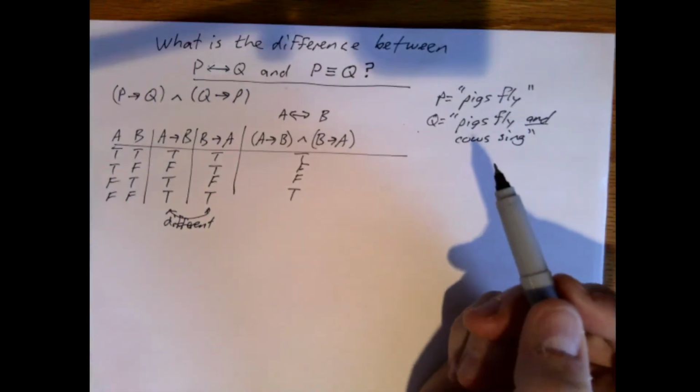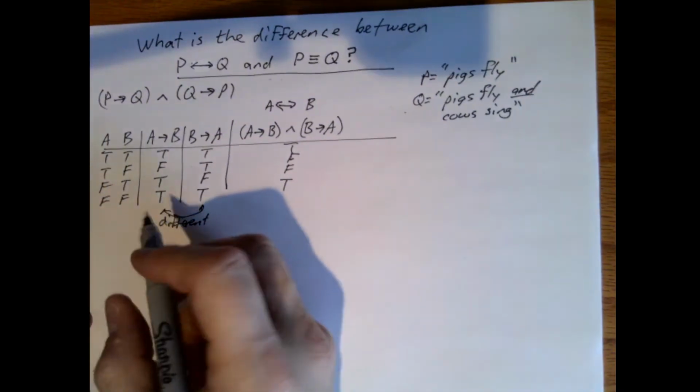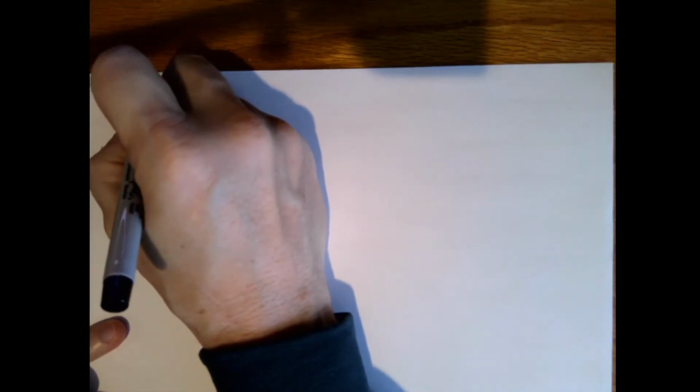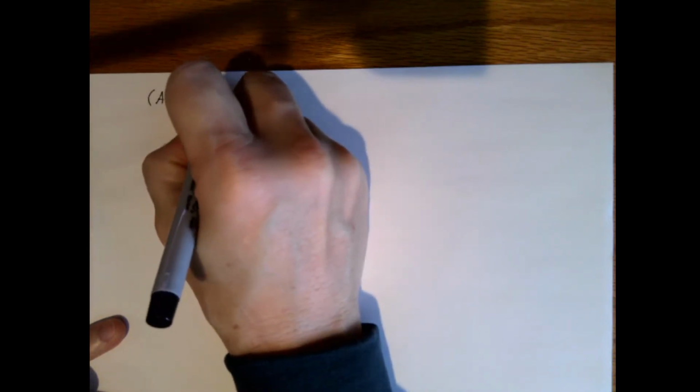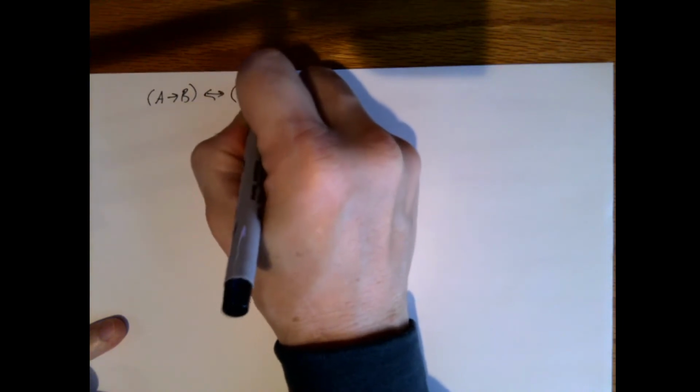Okay? Now let's do a slightly different one. Let's look at this. In fact, let me go to a different sheet of paper. A implies B, and not B implies not A. All right.